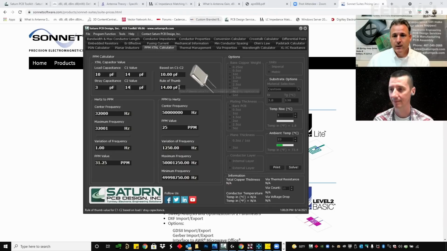This has a rule of thumb, which I just don't remember. As far as picking that out, it has something to do with the load capacitance times 2 divided by something. I can write something up on this. I have to admit, the help file in the toolkit just goes out to a help page on my website, and it's really lacking. I really should put more time into explaining some of these things.